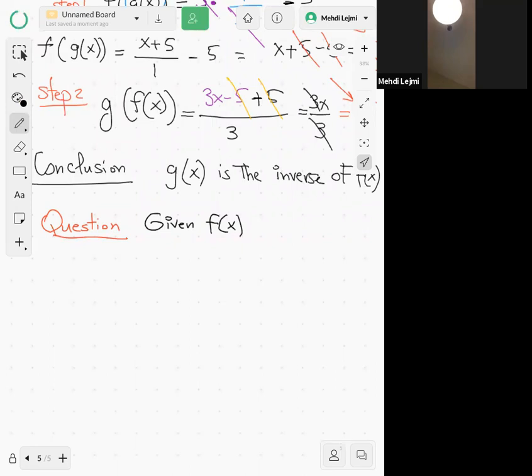As I said, the inverse is not just a reciprocal, it's not just 1 over f. So given f, how do we find g of x, the inverse of f of x?